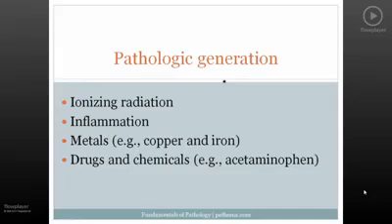Remind ourselves that when neutrophils come in to battle an infection, they have 2 mechanisms of killing the microbe. One is called oxygen dependent, the other is oxygen independent. Remember that the oxygen dependent mechanism starts out, if you go back to biochemistry, the reaction starts out with something called an oxidative burst.